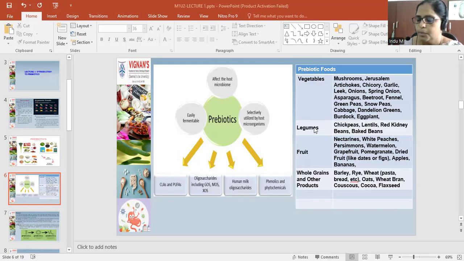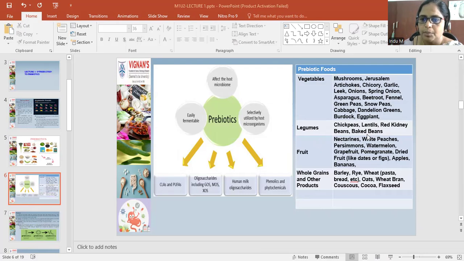If you see various prebiotic foods under vegetables, all these are the various vegetables: mushrooms, Jerusalem artichokes, chicory, garlic, onions, spring onions, asparagus, beetroot, green peas, fennel, snow peas, cabbage, dandelion greens, burdock, eggplant.